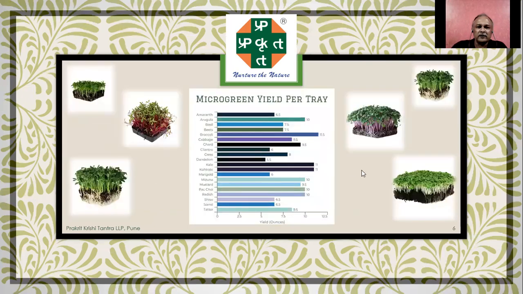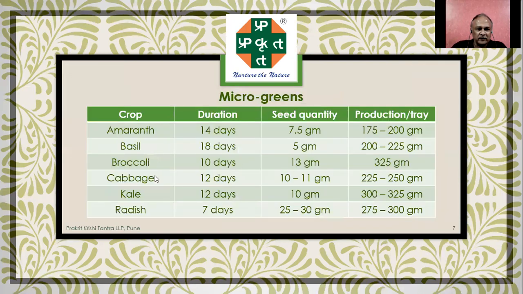Then coming to the details of microgreens, here different types of microgreens are being grown, and in this graph the yield per day is mentioned for the long list. I have tabled it out. I have made it in tabular form, and here only a few examples are taken.